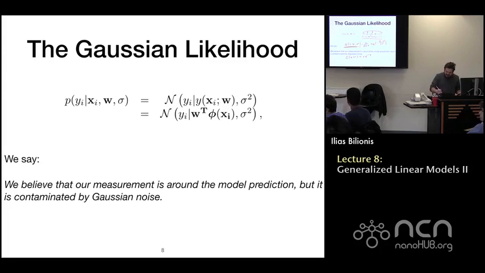So it's a statement basically that this quantity is 1 over square root 2 pi sigma exp minus (yi minus y(xi, w)) squared over 2 sigma squared. That's it. It's as simple as that. I could be just writing this thing down, but it's just too much. Okay?